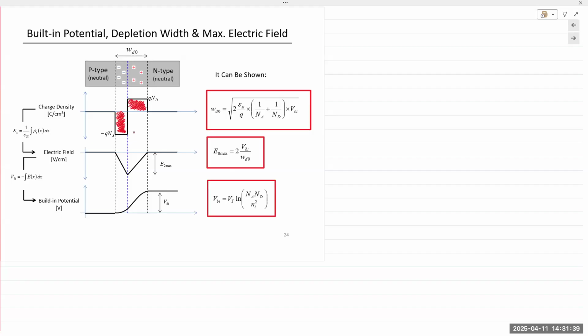The total sum of Xn and Xp gives us the width of the depletion region, which is indicated right here, WD0. That's the width of the depletion region, WD0. It is Xn plus Xp.